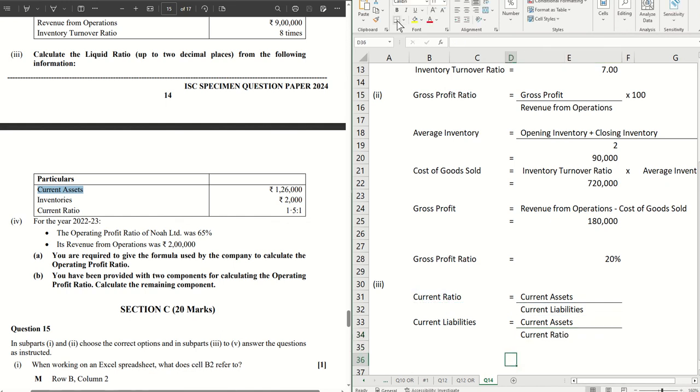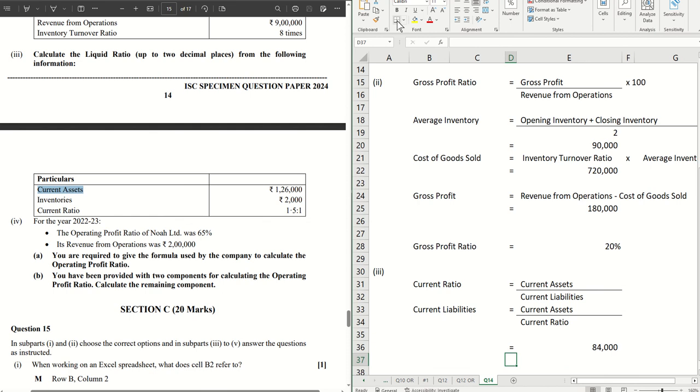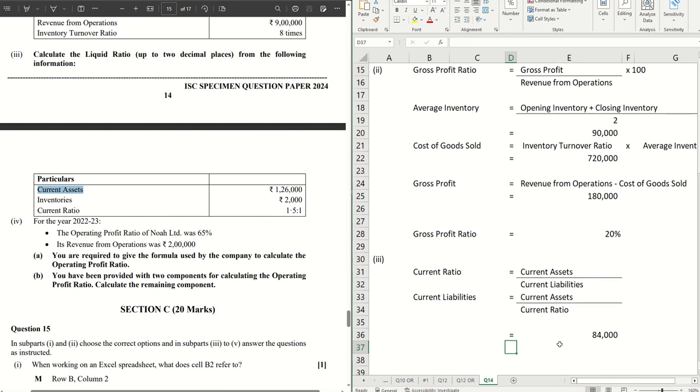Let's put the values. Current assets are given as 1,26,000, divided by 1.5 is to 1, that means 1.5. So 84,000 is our current liabilities.